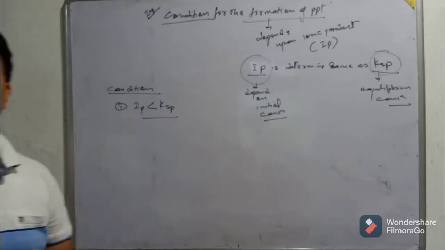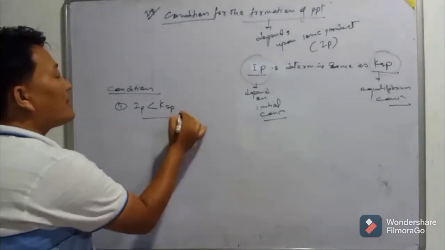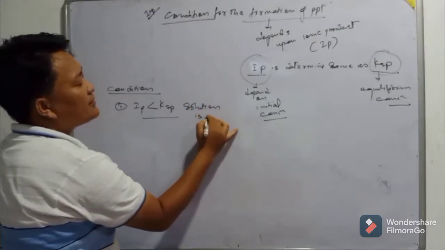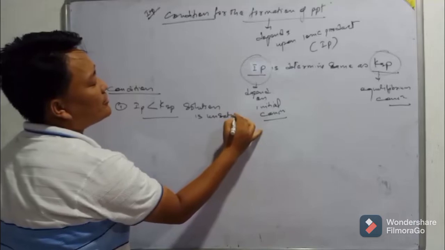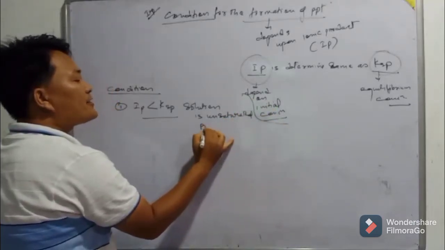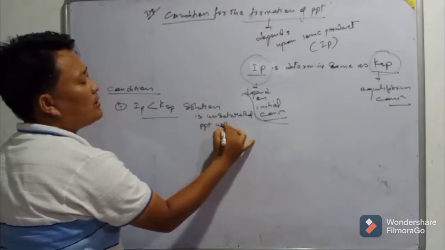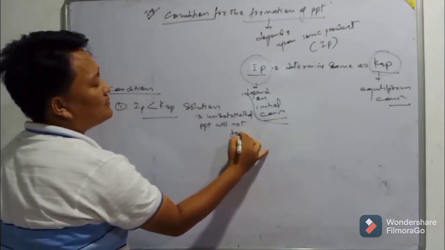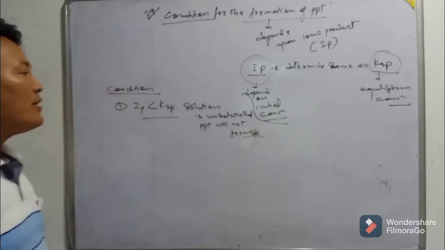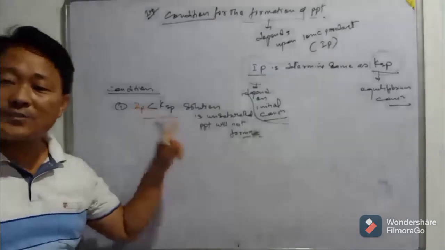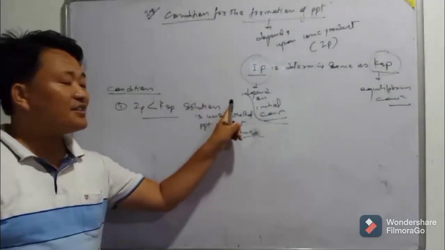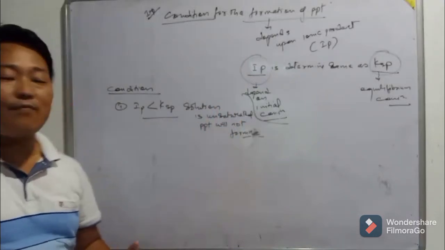If the IP is less than the KSP, then the solution is unsaturated and precipitate will not form. The KSP is more and IP is less, so the solution is unsaturated and precipitate will not form.